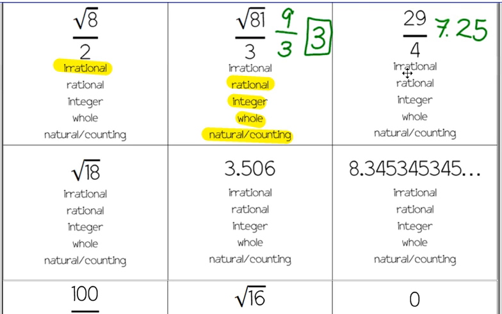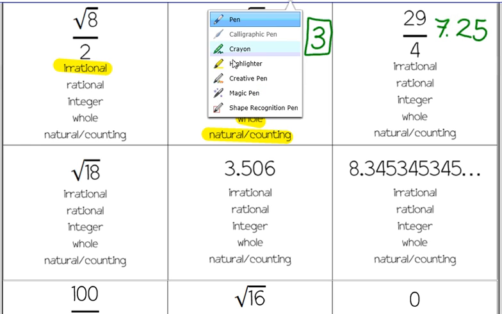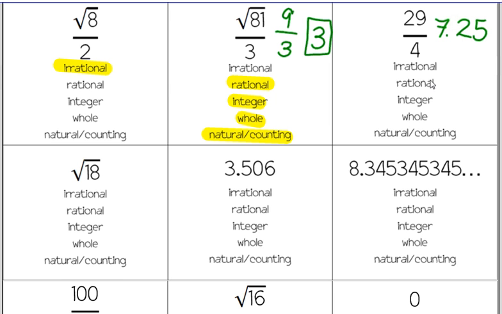We can see that it's already written as a ratio of two integers, so this would be a rational number. However, when we go further, we cannot have decimals with integers, so it cannot be an integer, a whole number, or a natural counting number. So in this case, 29 fourths is just a rational number.